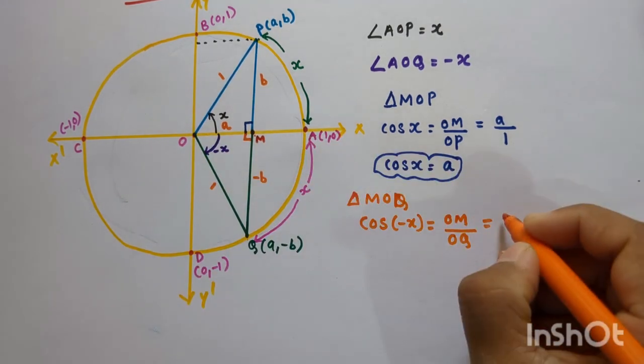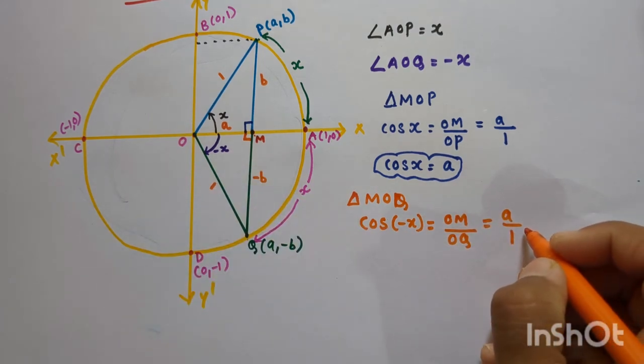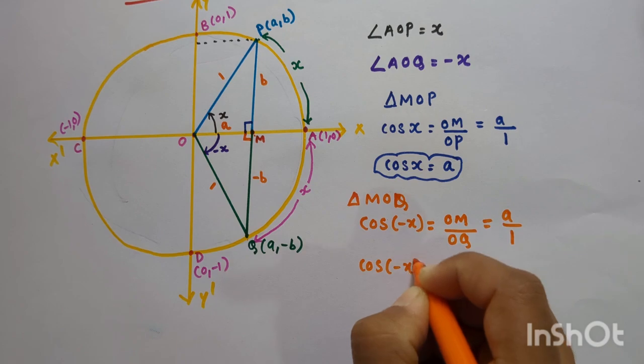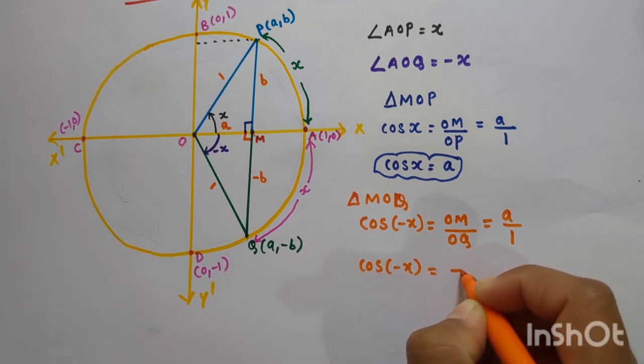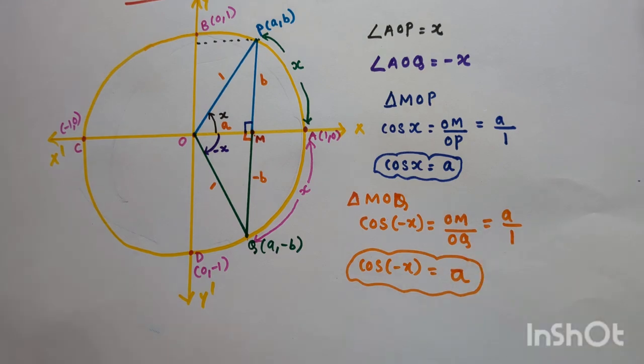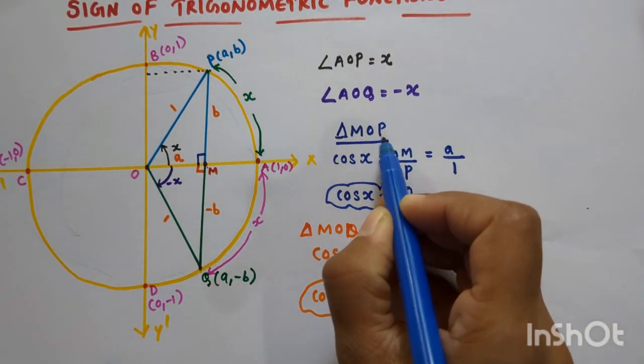OM has length A, OQ is equal to the radius of the circle, so 1. That is, cos of minus x is equal to A.